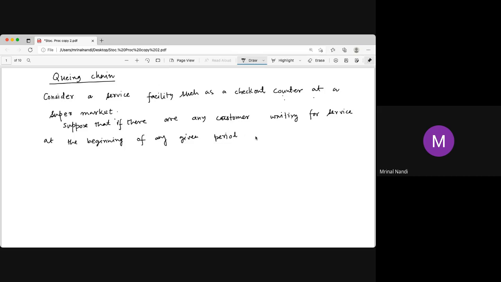So we have a given period of some unit time. The unit time may be 1 minute or 1 hour, whatever. One unit time.